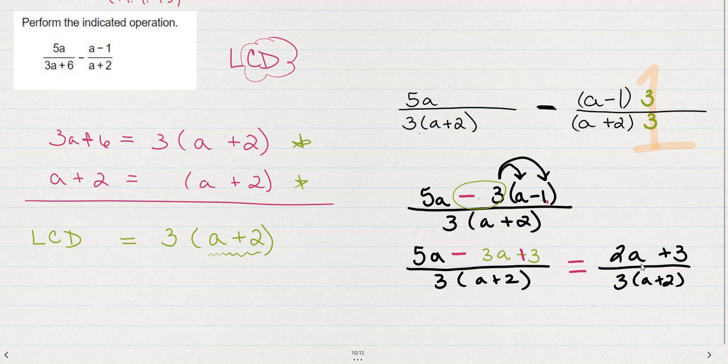So if this was a 2a times 3, then we would be able to reduce the 3 with the 3. But when it's separated with a plus, you can't break into it. It's as if that sum, the 2a plus 3, is in parentheses. It's not a factor. And that's it. There's the answer to that first question.